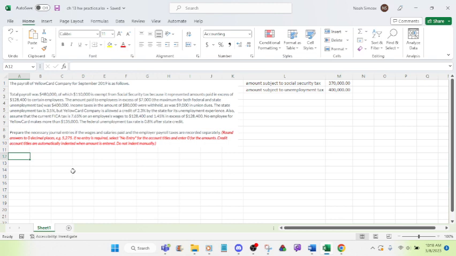What's the journal entry? $480,000 is salaries and wages expense.